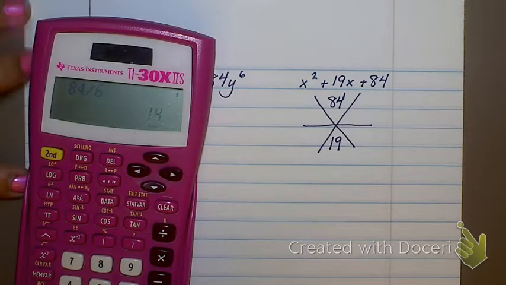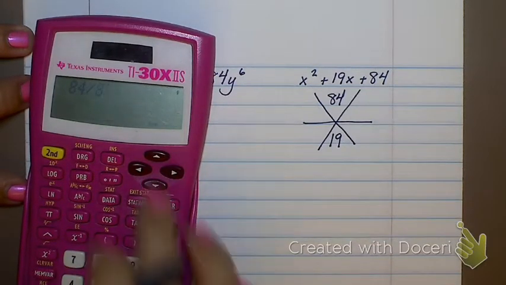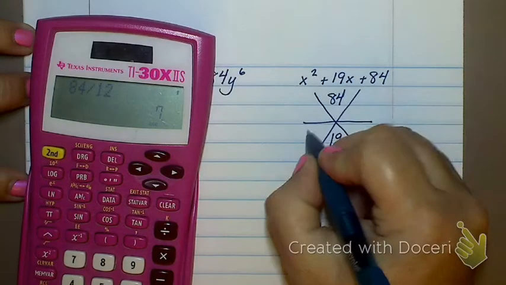No, that gets me 20, right? 84, not going to divide by 8. What about 4? 21 and 4, nope. 3 and 28. Did I do 6? I did 6, didn't I? 12 and 7. There we go.